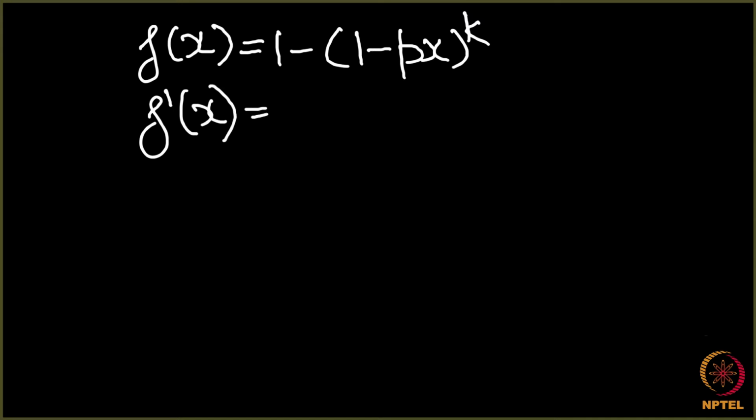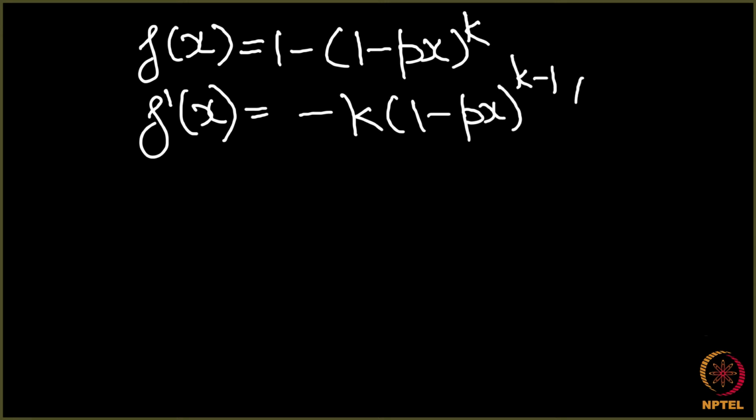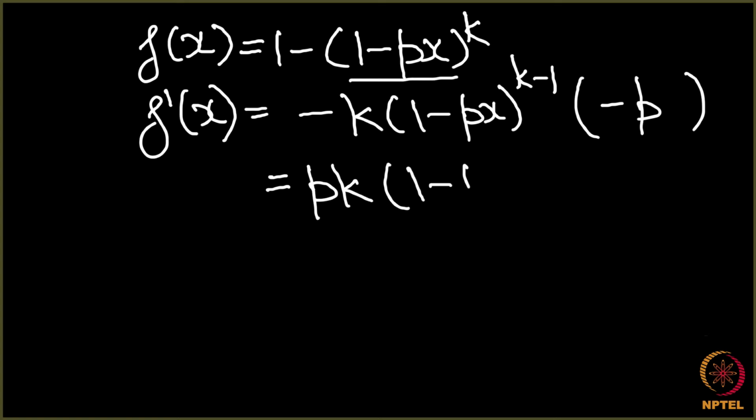So f dash of x becomes minus k times (1 minus px) to the power of k minus 1, multiplied by the differentiation of 1 minus px, which is minus p. So this becomes equal to pk into (1 minus px) to the power of k minus 1, right?